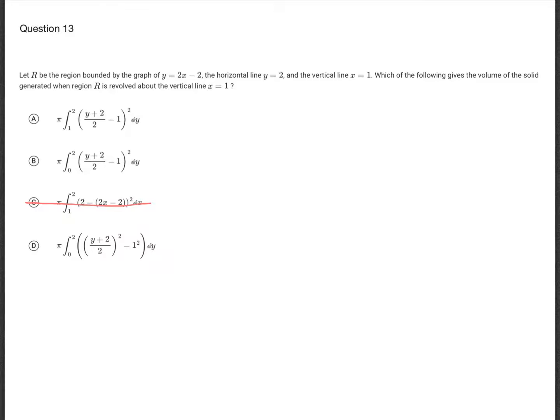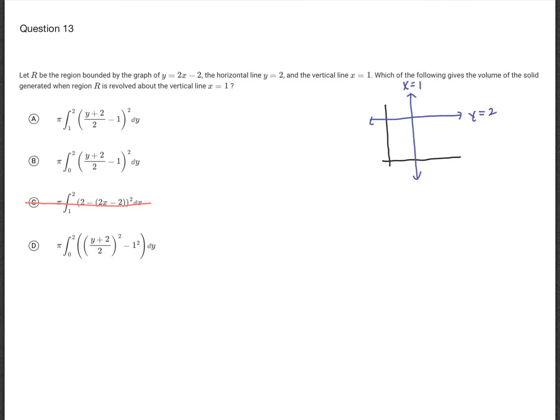Okay, so now let's draw a picture. So let's say the region bounded by the graph of, I'll do these, we'll do y equals 2. We'll do x equals 1. And then the graph of the actual function here, 2x minus 2.